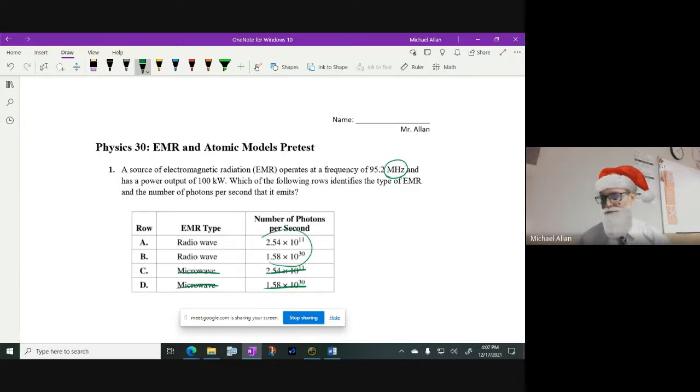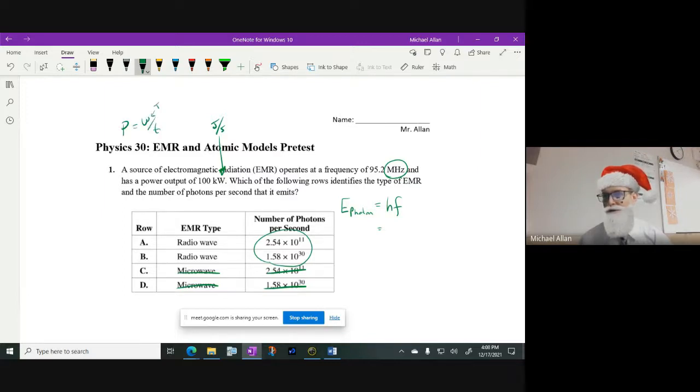Now my only two options are to figure out how many photons that's going to be. So the first thing you're going to want to do is figure out the energy of this photon. We're going to go h times f because we do have a frequency. A watt is a joule per second, so remember that's how you find power, work divided by time.